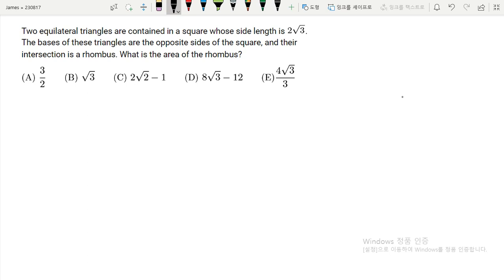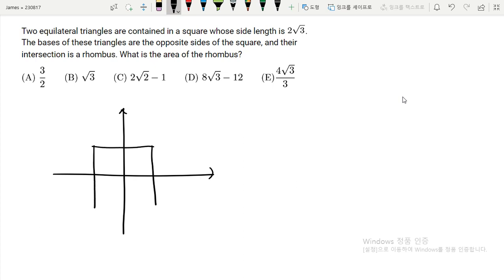So in this case, let's make a square in the coordinate plane. If the center of the square is at the origin, each vertex will be located at this square root of 3.